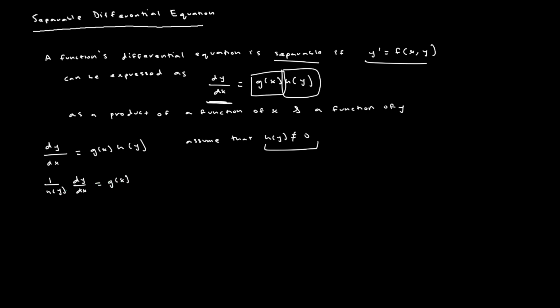And if I take the integral with respect to x on both sides, I get the integral of 1 over h of y times dy over dx, with respect to x, is equal to the integral of g of x times dx. Now over here, you can treat it as a fraction because it's inside of the integral. And then I get 1 over h of y dy is equal to g of x dx.